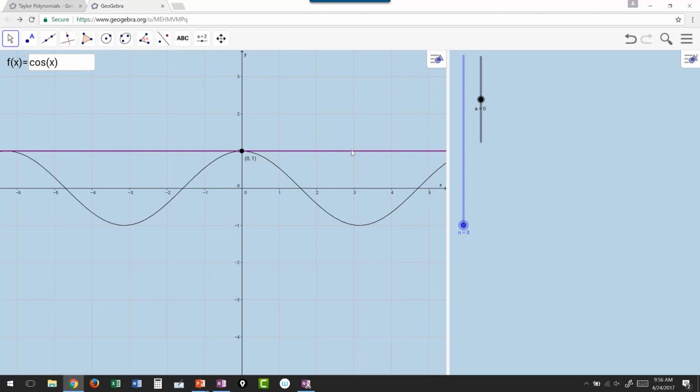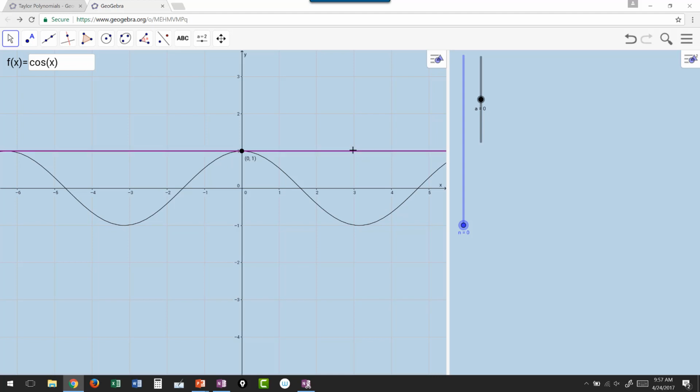What the app is currently plotting in purple would be the best possible constant approximation to the cosine function near x equals 0. Remember that a constant function we could think of as just a polynomial of degree 0. So there's no x term, no x squared, and so on. There's just a constant term. So that's always going to look like a horizontal straight line.